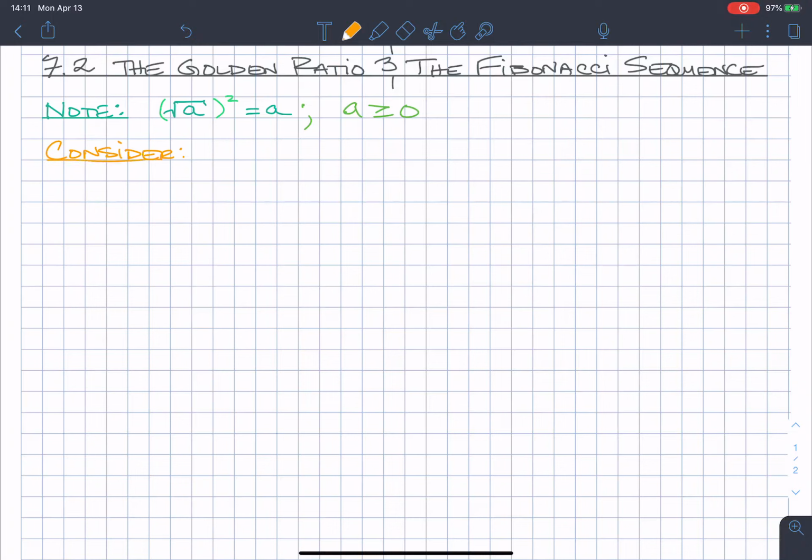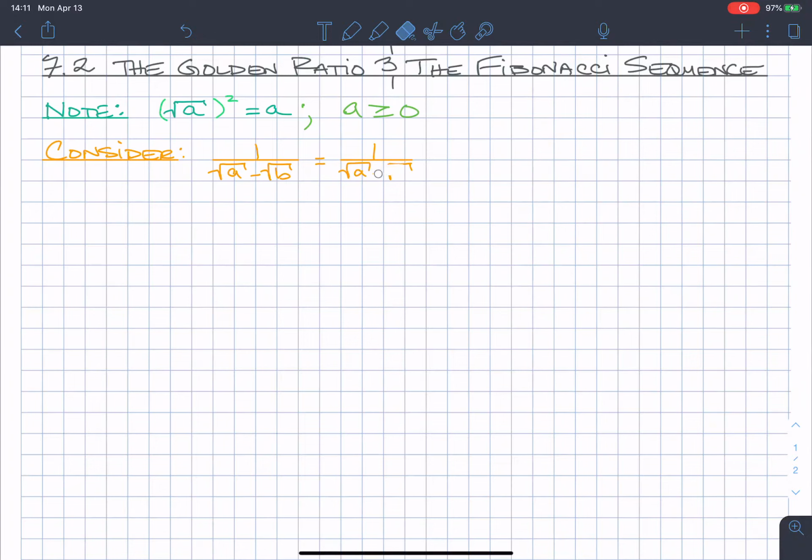in what's called rationalization. So let's say I have 1 divided by the square root of a minus the square root of b, where a and b are numbers greater than 0. Well, this is equal to itself, of course.